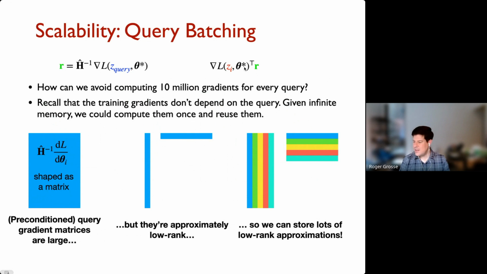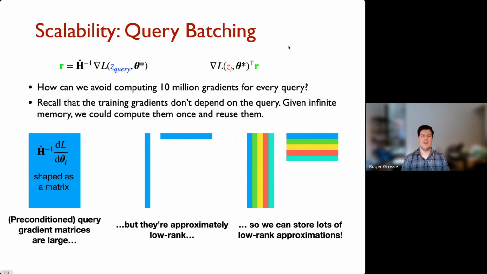The basic idea is, if you remember the two steps I described earlier, first we compute the preconditioned query gradient that gives a vector R. And then we compute the dot product of that with all of the training gradients that we're considering. And the second step is the expensive one. But if you think about it, these training gradients don't depend on the query, right? So we should be able to share the cost between multiple queries.